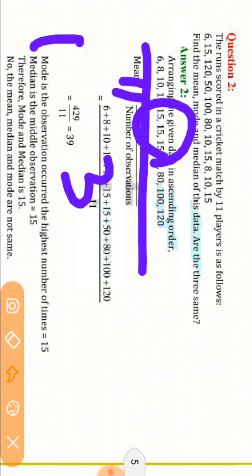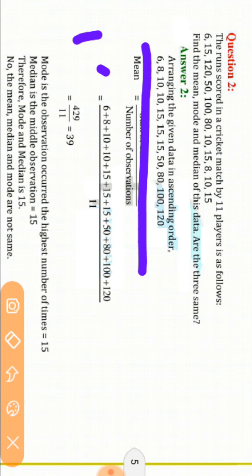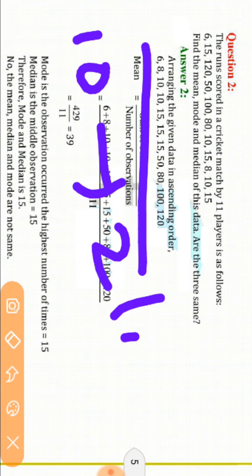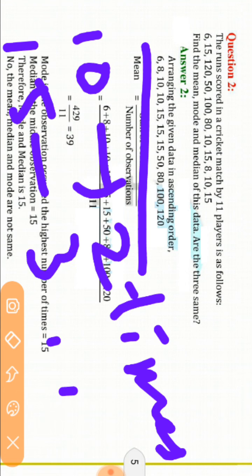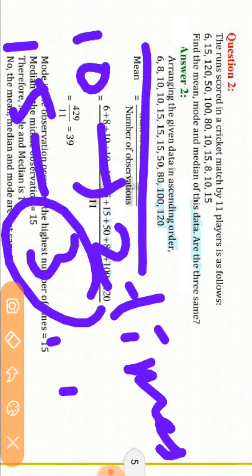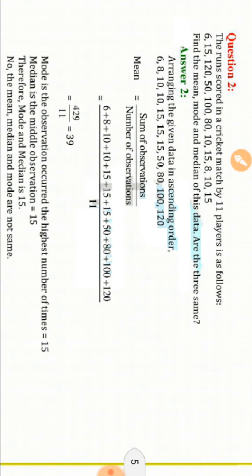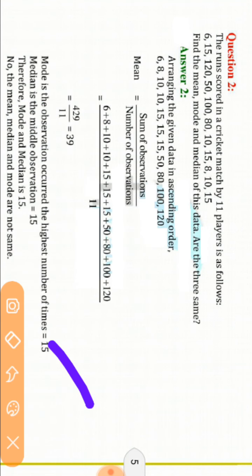Which is highest? So 3 times is the highest. So which number is 3 times? 15. So that 15 is the mode of the given scores.